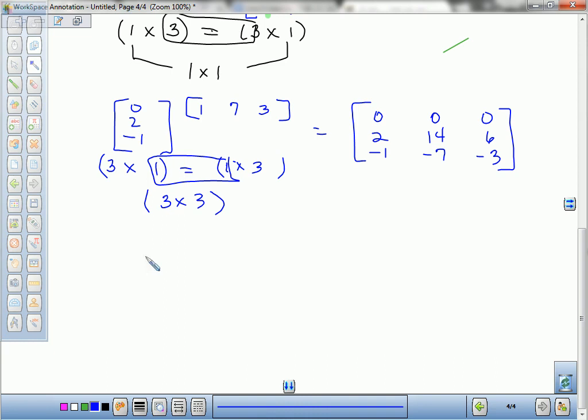All right, last one for me. I'm going to do a 2 by 3. Two rows, 3 columns. Now I'm going to do a 3 by 2.